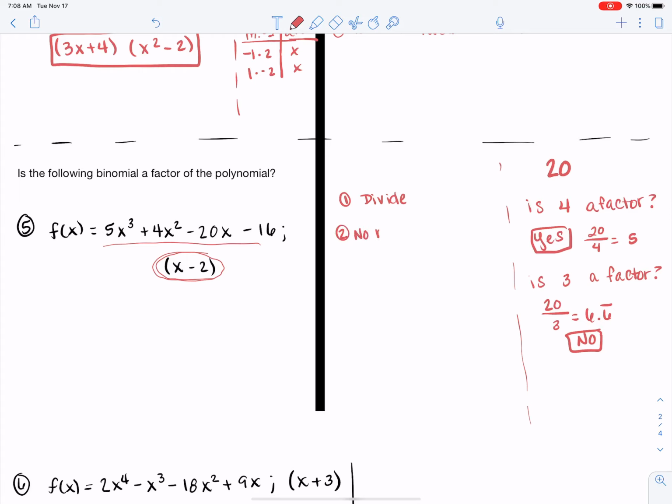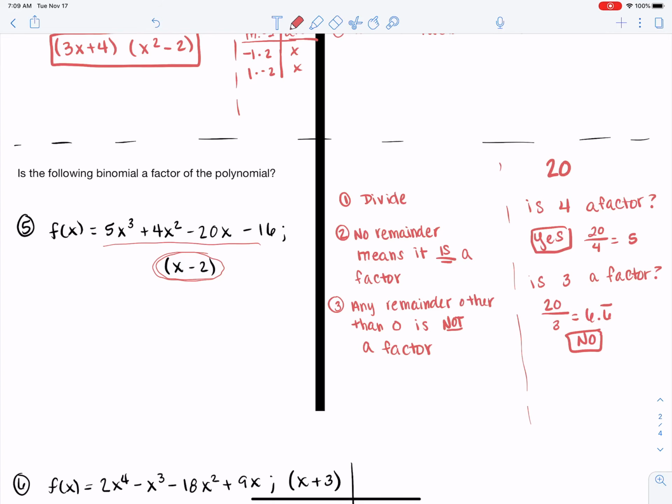No remainder means it is a factor. Any remainder other than 0, which would be like having no remainder, then it is not a factor.